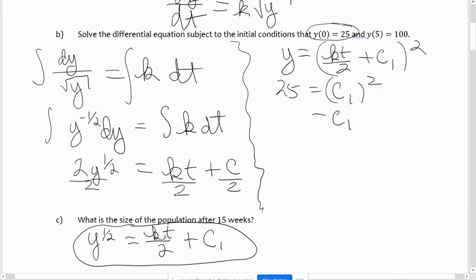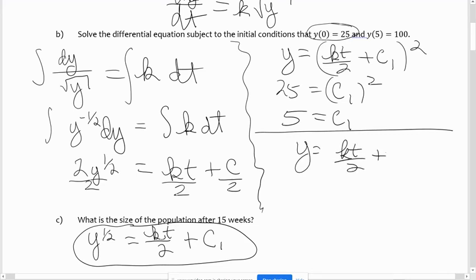So C1 would be equal to 5. All right. So then my equation really becomes y equals kt over 2 plus 5, quantity squared.